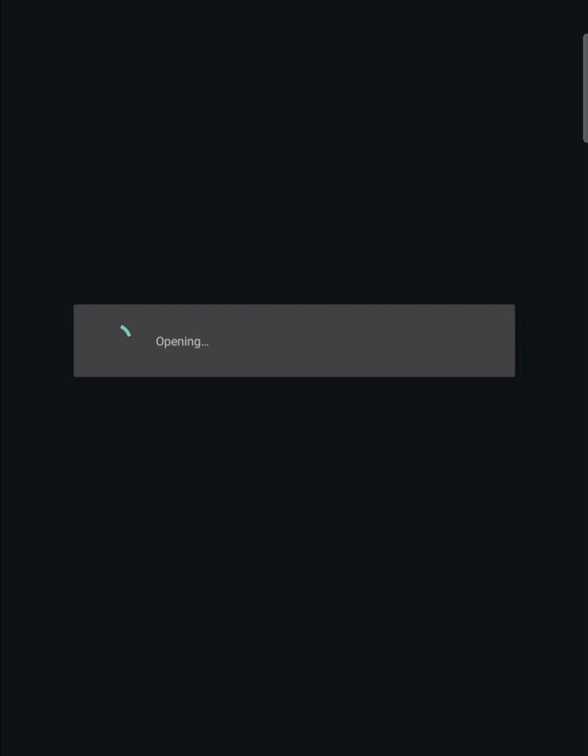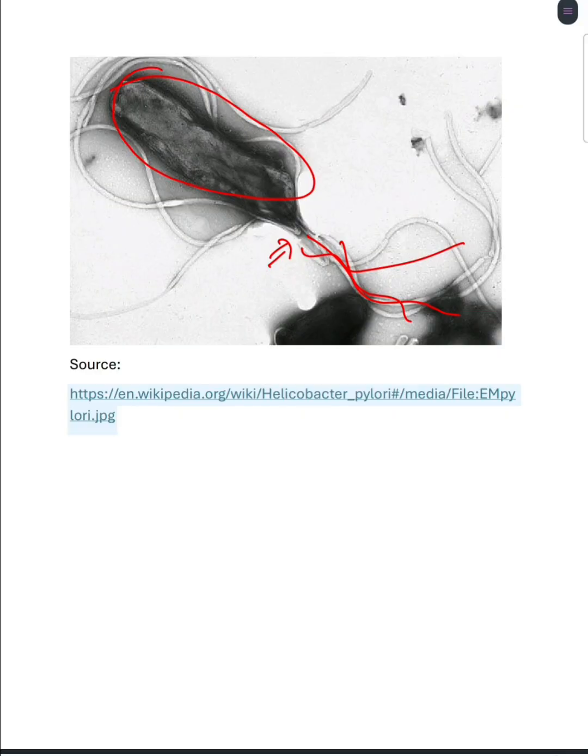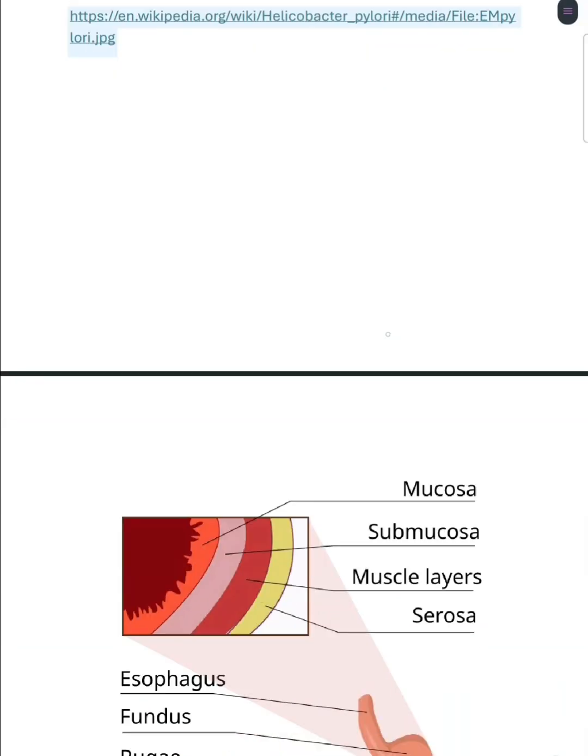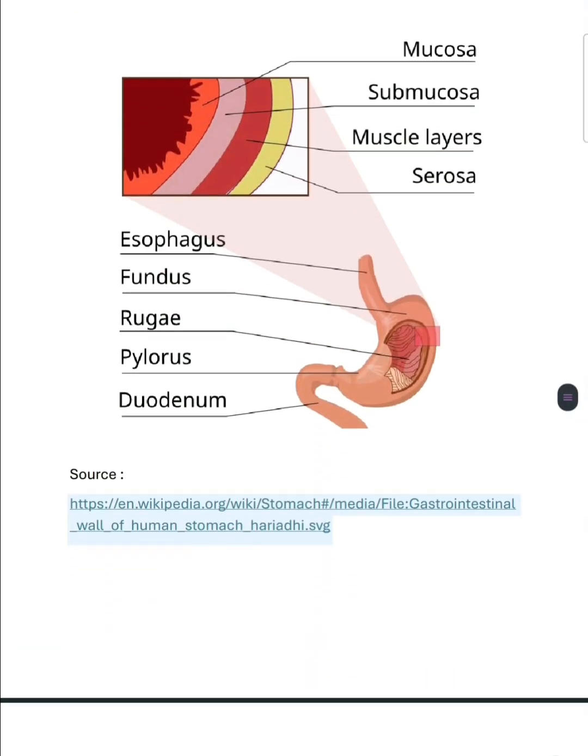So if we look at a picture, here you are looking at a zoomed in portion of the stomach. If you remember, from outside to inside, the stomach layers are serosa, muscle layer, submucosa, and mucosa.